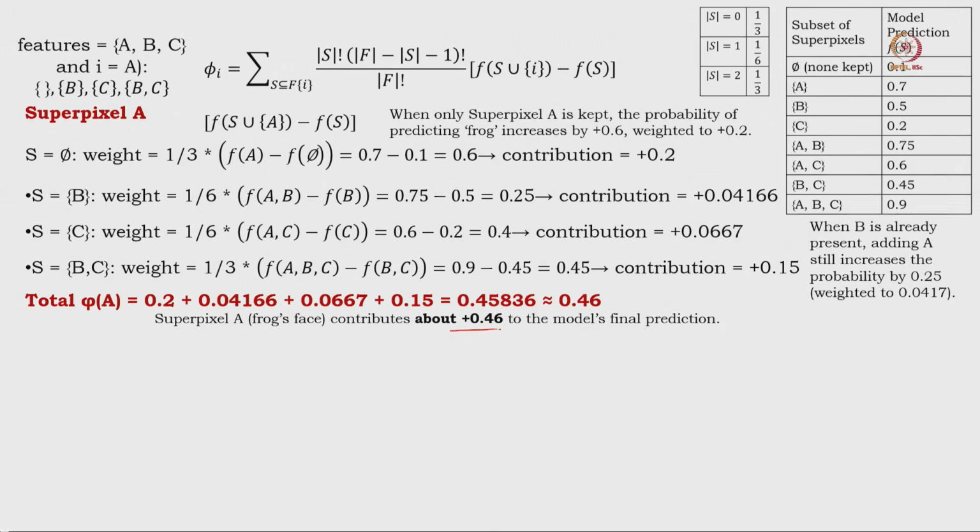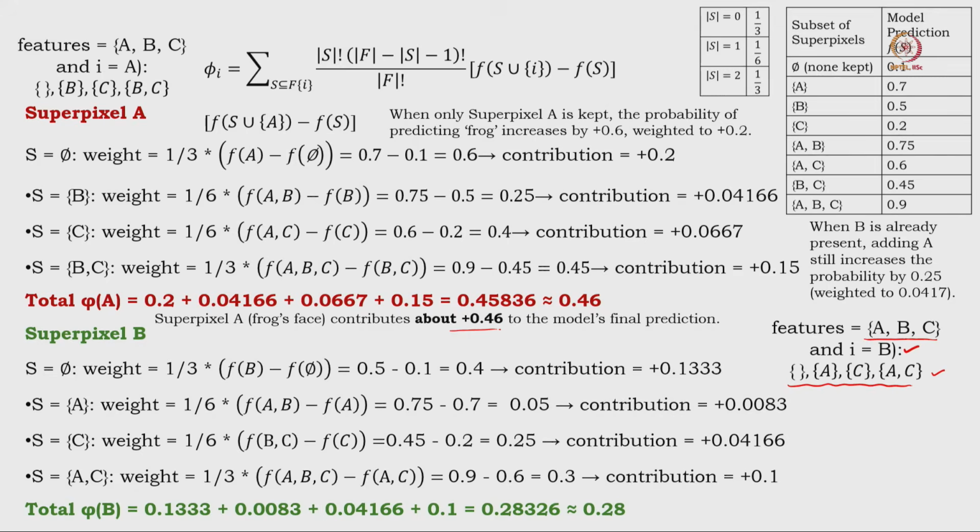Similarly, now you will calculate for superpixel B. So, what are the different features? Features are A, B, C, and what is i here? i now is B. So, what all subsets do you have to consider now that do not include B? So, these are the possible subsets which do not include B. Whatever you have computed before, the same steps are repeated.